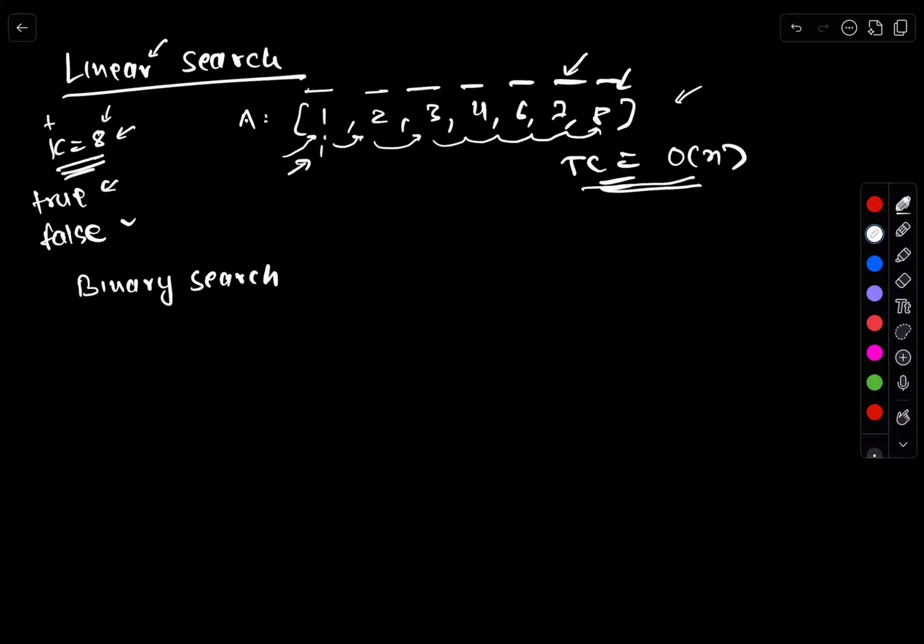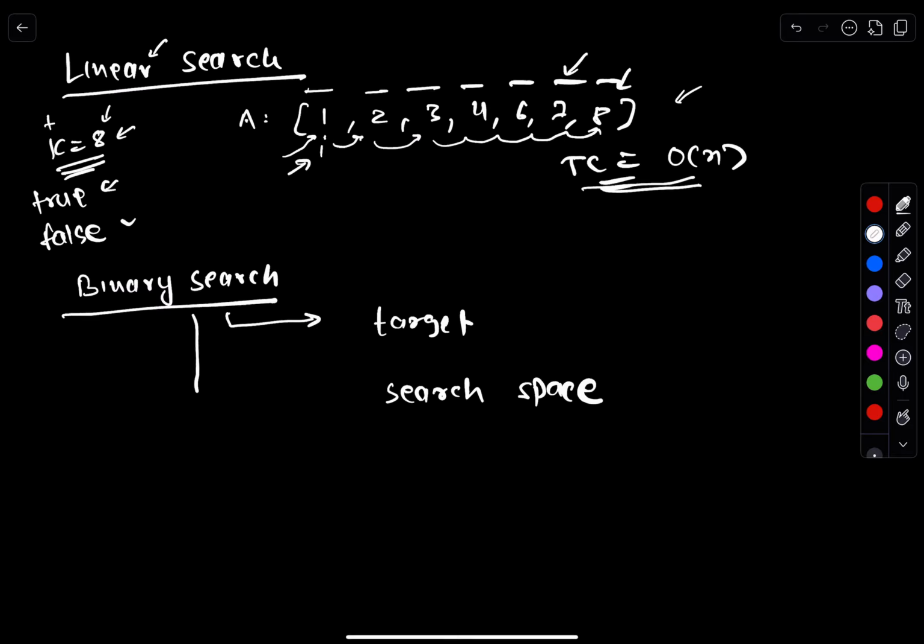So in binary search, we can reduce this search. Let's talk about the target and search space. In binary search, we need two things. First, we need a target, and second, we need a search space.